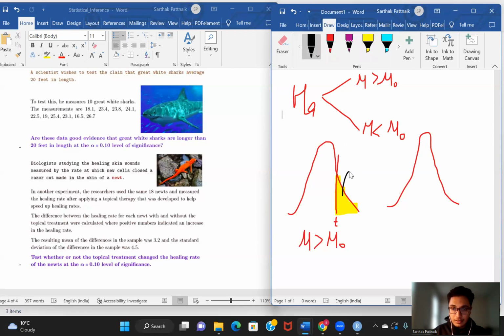This is my probability of t greater than or equal to t. So for the alternative hypothesis mu greater than mu naught, we are interested in calculating the probability that my point lies somewhere in this area that is beyond my critical value. This is my t critical value. Let me write it as t-critical.